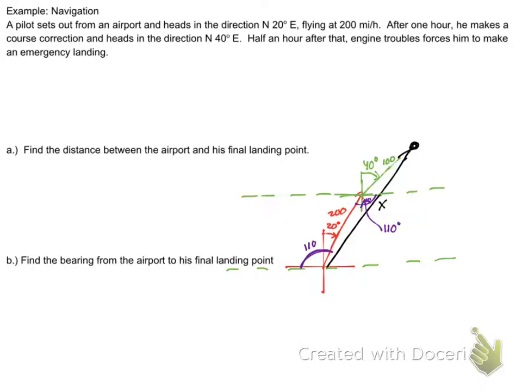110 degrees. But is that the whole entire angle? No. The other part of that angle is this part right here, which is 90 minus the 40, which is 50. So the larger angle ends up adding these together, 160 degrees.